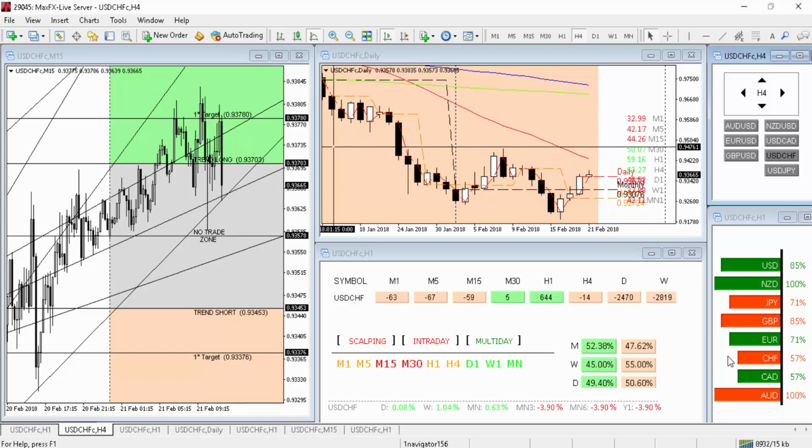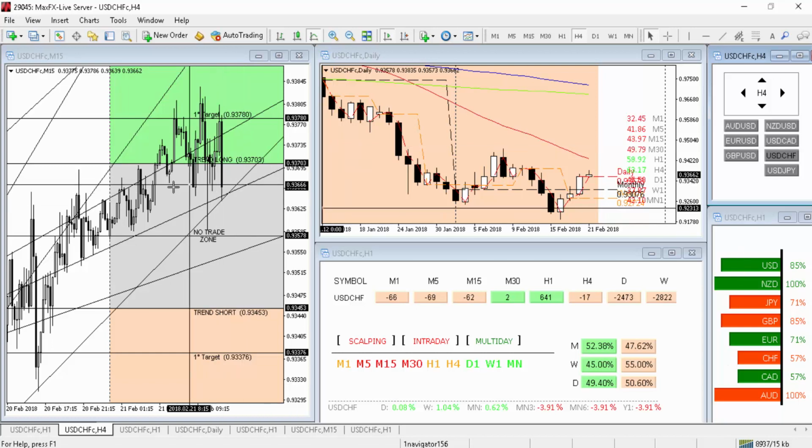The Swiss franc is 57% short against an 85% long US dollar, so should the market go back inside the bullish zone of the target geometry about 0.9370, we may have a continuation to the upside. Alert below the daily opening. The entry level for short position on a daily basis is 0.9345.